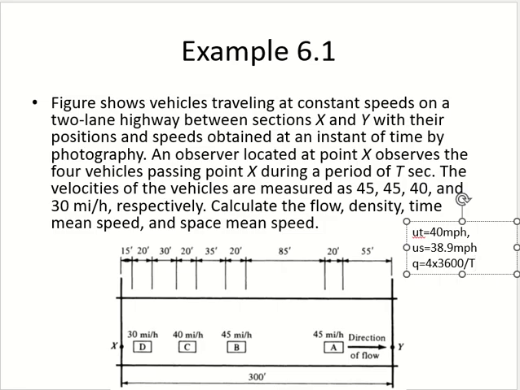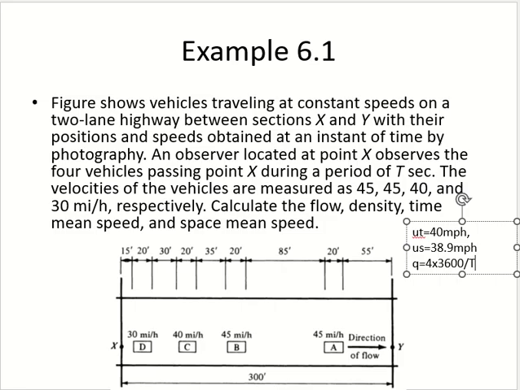What are the units here? Vehicles per what time? Hour. Because you are doing this, right? This is an hour. Clear? So you have to put the time here, but then you should know how much time these 4 vehicles will pass. Okay? Then we have density.